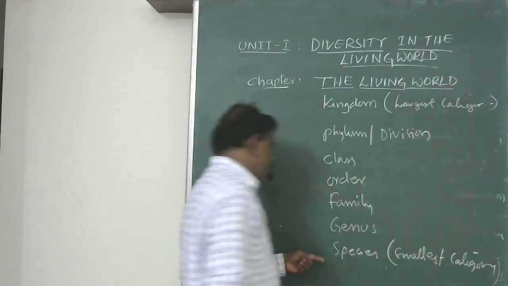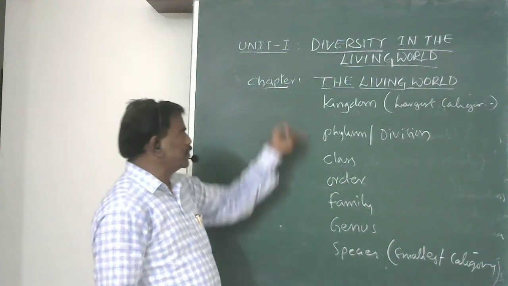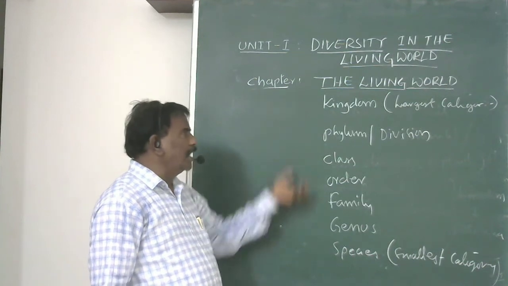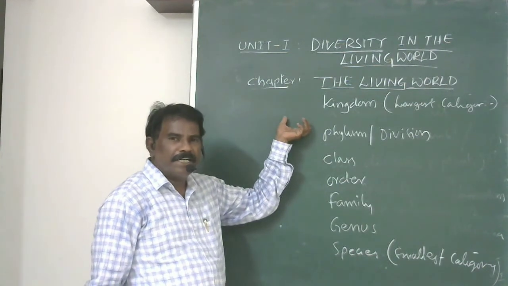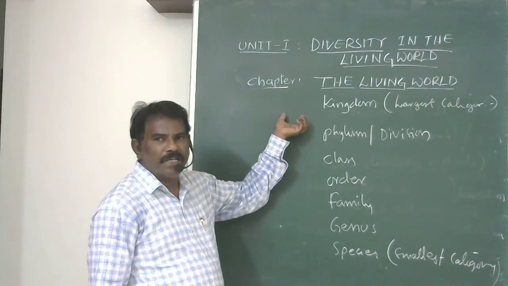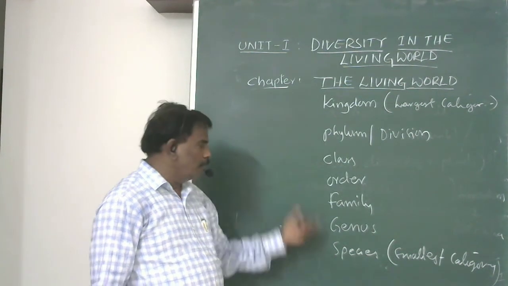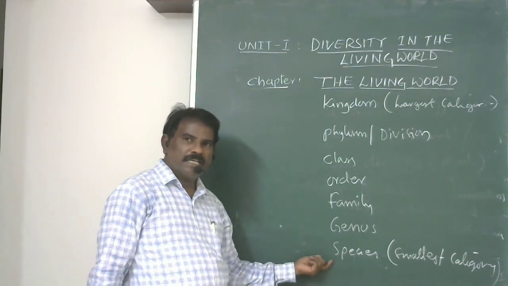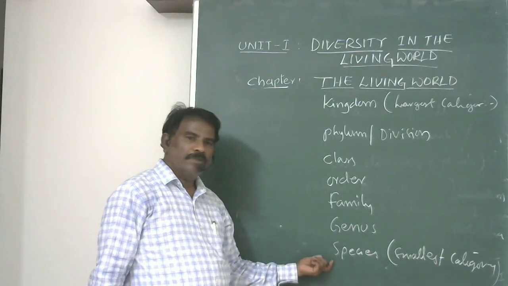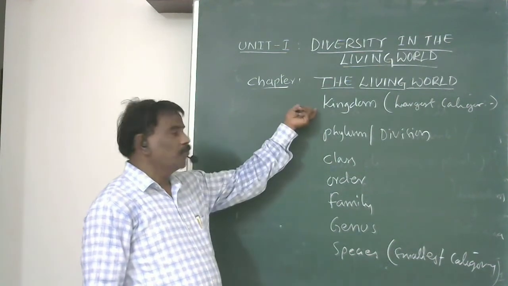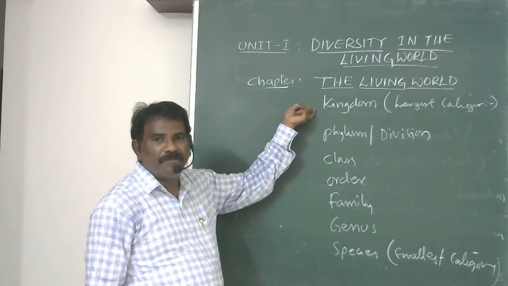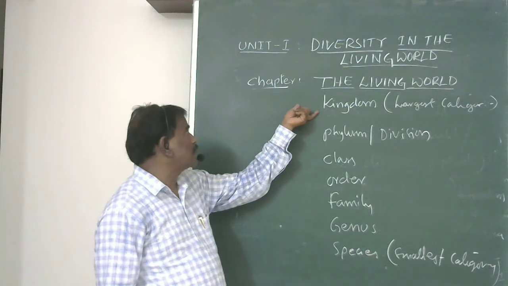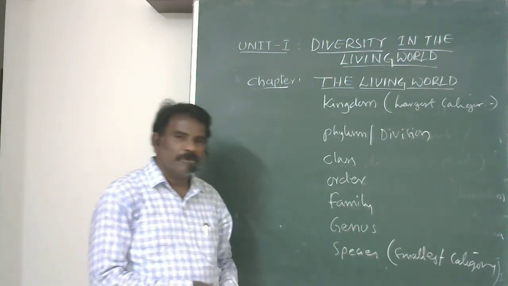So, when we go from species to kingdom, it is very difficult to identify the similarities among the individuals. The more characters in common at the species level, the more difficult it is to identify similarities at the kingdom level. So, this is about today's lesson. We will come with the next video.